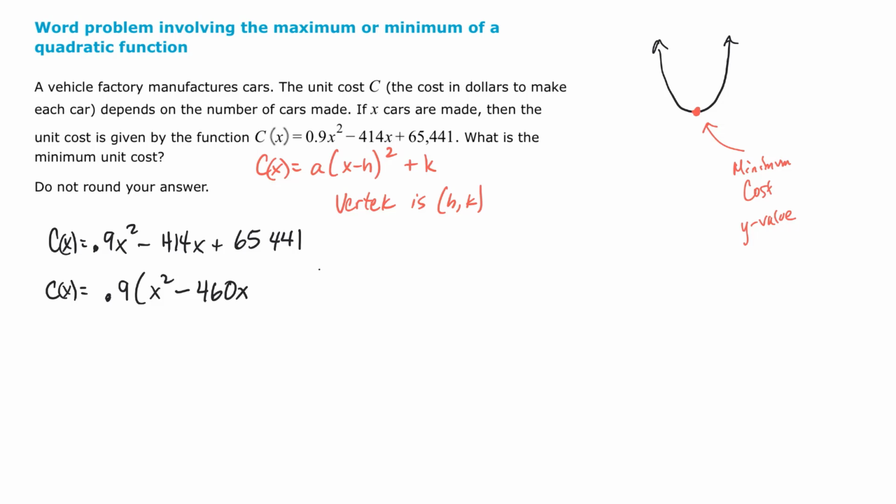And then we're going to leave a space there to complete the square. I'm going to leave the 65,441 here. We're going to divide 460 divided by 2, which is 230, and then we're going to square it. So off to the side here, we're going to take 230 and square it.